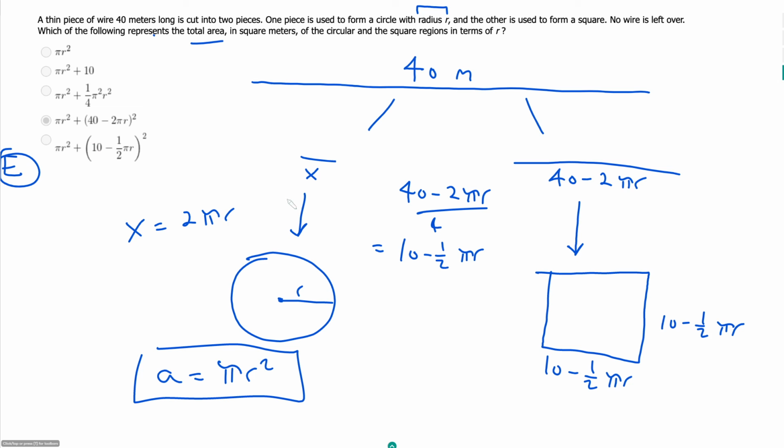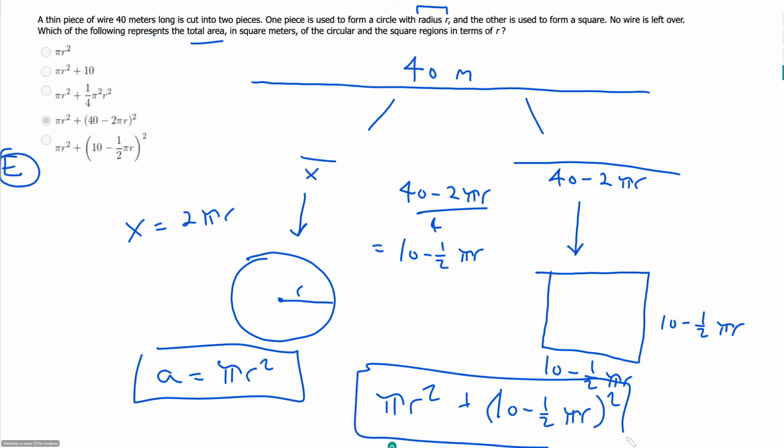So our total area should be the area of our circle, which is pi r squared, plus the area of our square, which is 10 minus 1/2 pi r times 10 minus 1/2 pi r, also known as 10 minus 1/2 pi r squared. So we really do not have to multiply it out, and E is the answer.